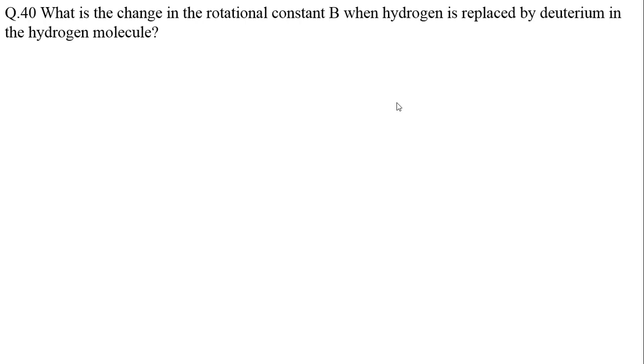So the question is, what is the change in rotational constant B when hydrogen is replaced by deuterium in a hydrogen molecule?